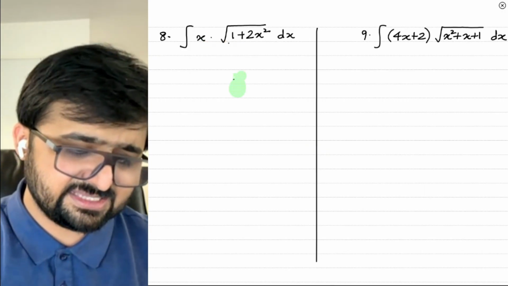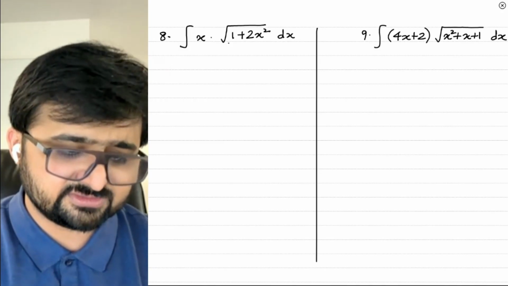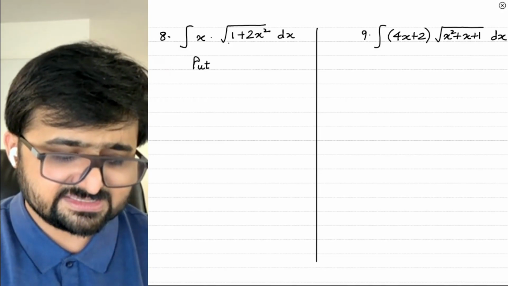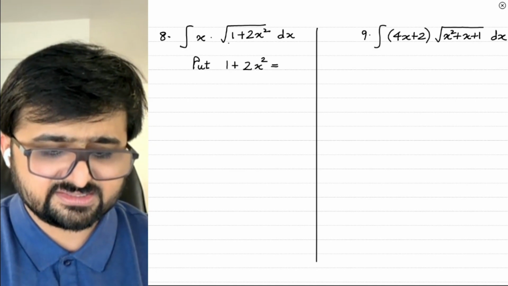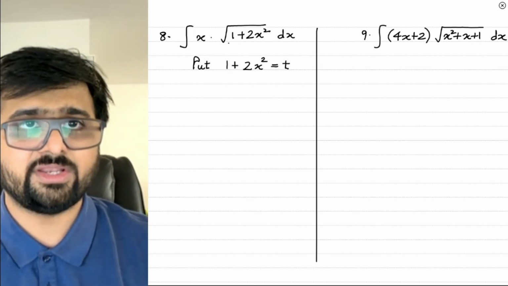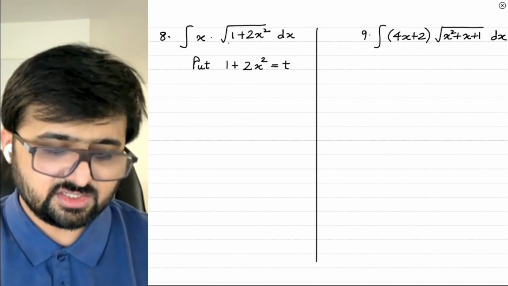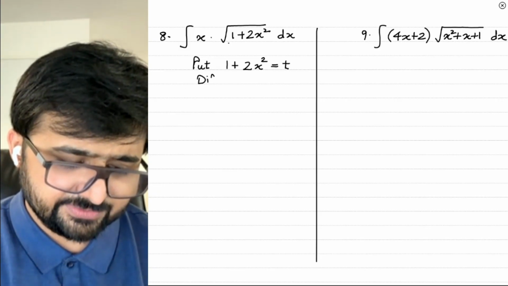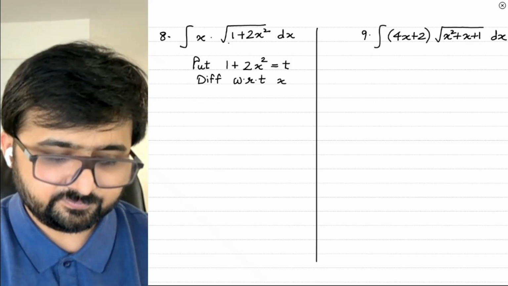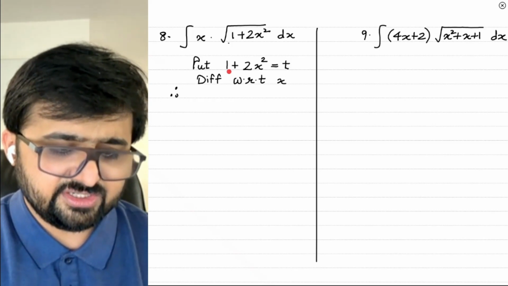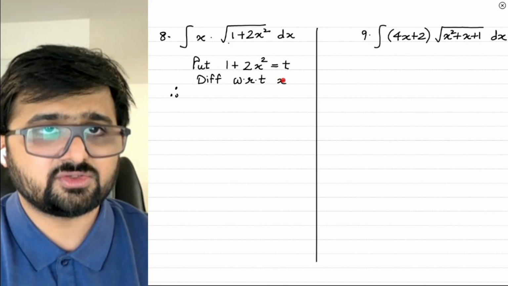We can say that we can use the method of substitution, and put 1 plus 2x square equal to t. Then you differentiate with respect to x. So you get, therefore, derivative of 1 with respect to x is 0.